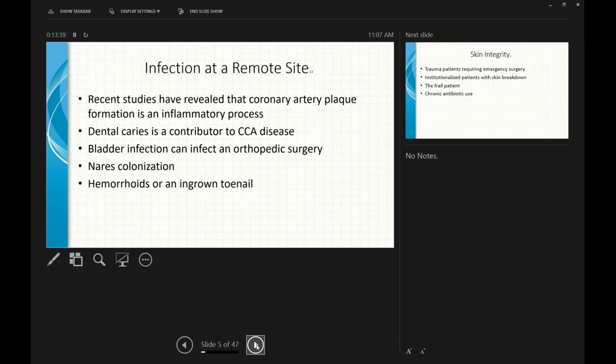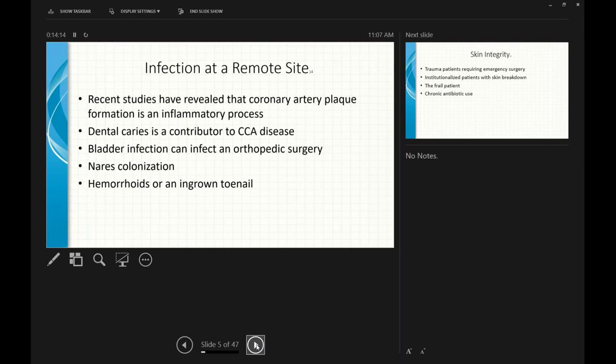A bladder infection can infect an orthopedic surgery. Way back in the early 1970s, I was doing surgery in Seattle. I was a new nurse, and we had a patient that we did back surgery on, and that became infected, and the surgeon was very upset because we used to use such stringent aseptic technique, and they found that patient cultured with a bladder infection after surgery, and that was the same organism.